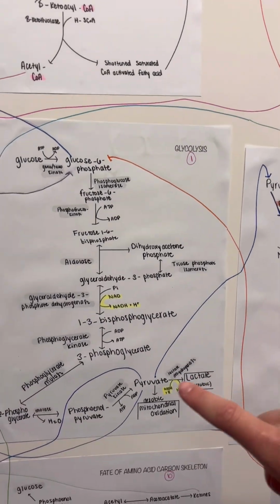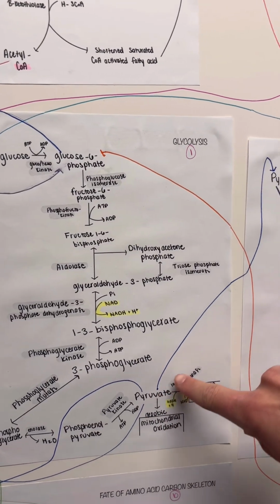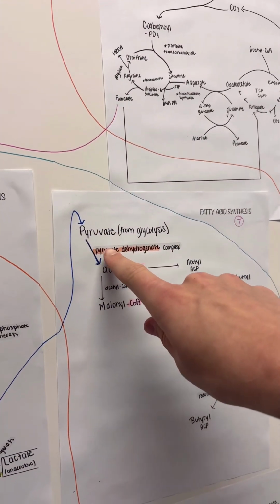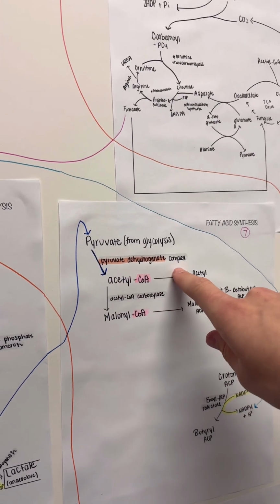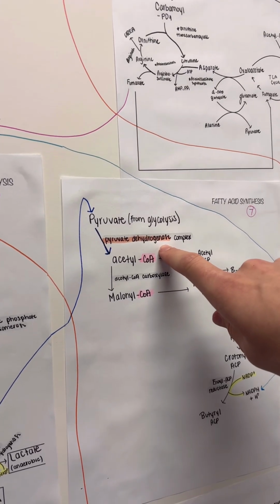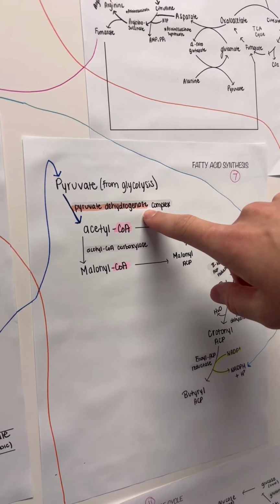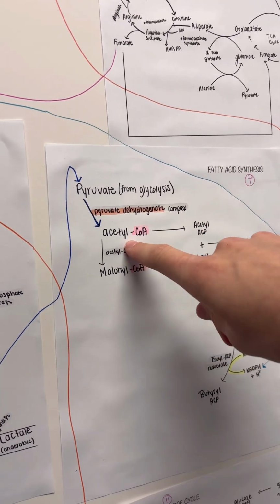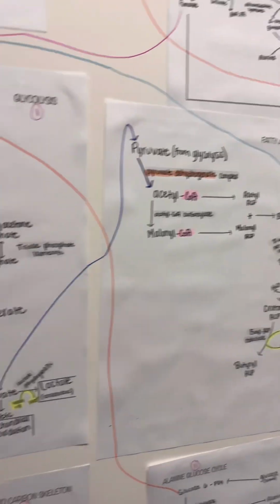Okay, so we're going to start with glycolysis. We're going to start with pyruvate down here. The pyruvate comes up here, and the enzyme pyruvate dehydrogenase complex, which is highlighted in orange to indicate thiamine because it requires TPP as a cofactor, essentially turns it into acetyl-CoA, which starts up fatty acid synthesis.